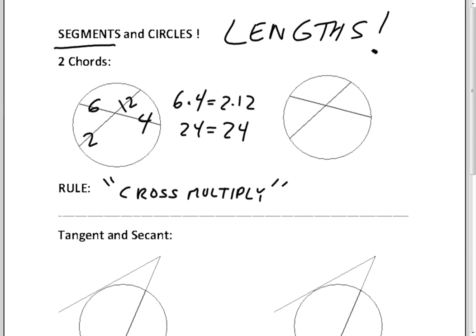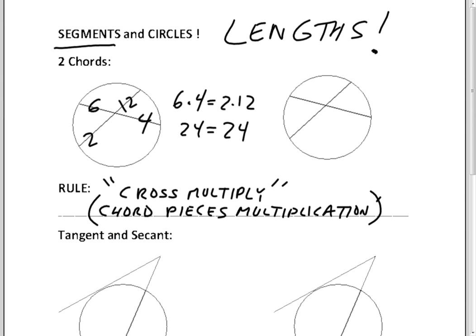Some people call this the chord pieces rule or chord pieces multiplication. Whatever you need to do to remember that you multiply the two parts of the chord.